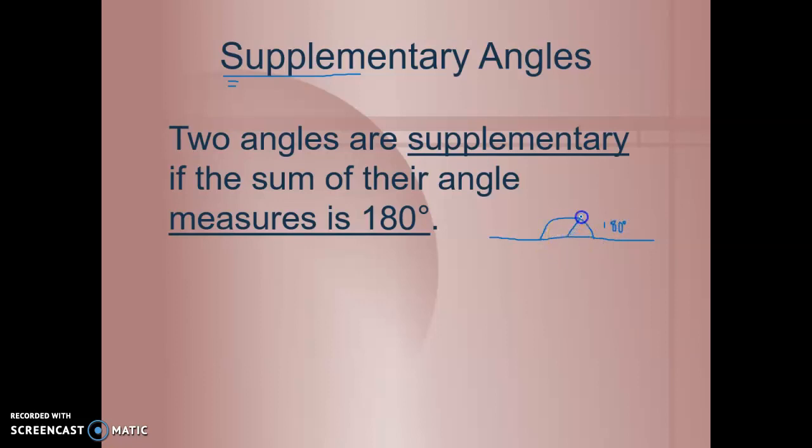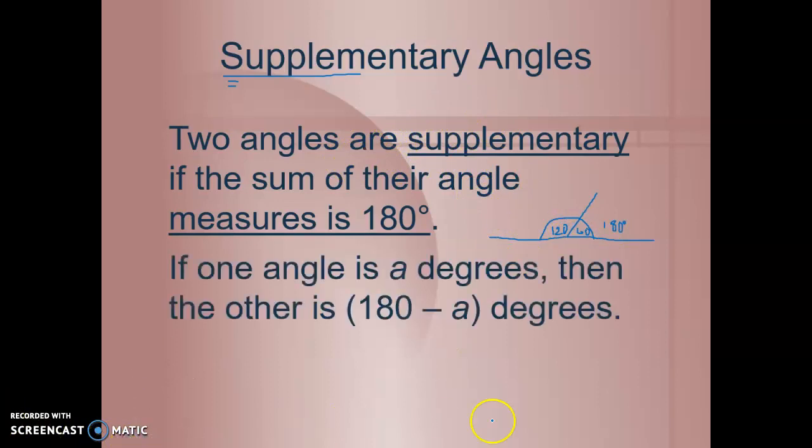If we take an angle and we put it here, this angle might be 60 degrees. This angle would be 120 degrees. Because we know that straight lines are 180 degrees, if 2 angles form a straight line, they are supplementary and they measure 180 degrees.